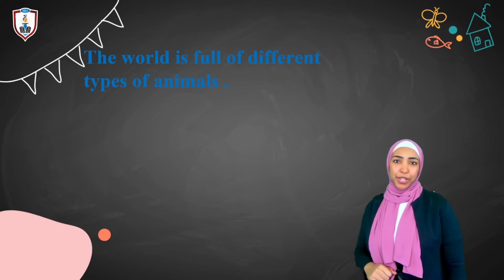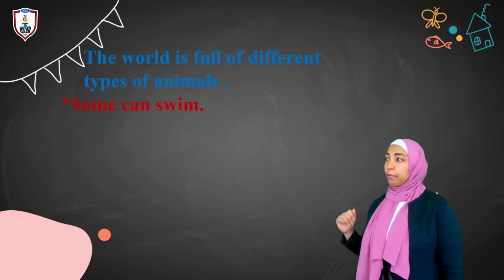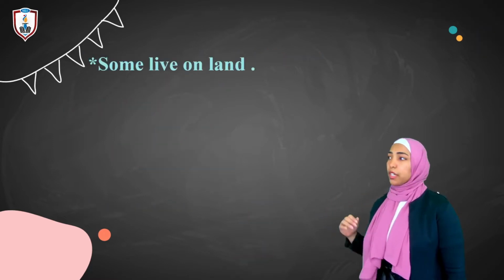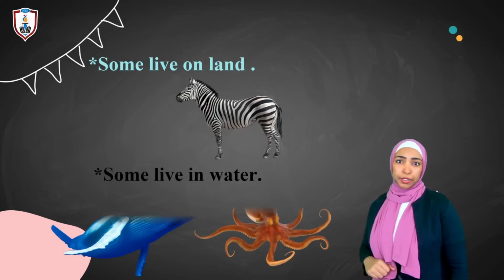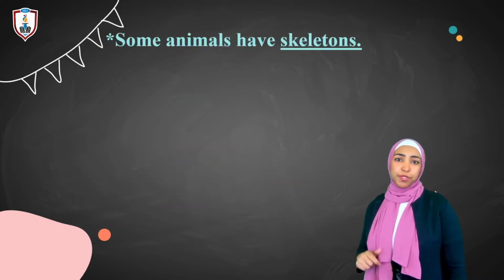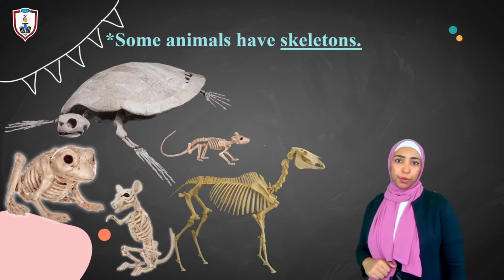Of course, the world around us is full of animals. Some of them can swim, some can fly, some of them live on land, some of them live in water. Some of them do not have skeletons or backbones, and some do have skeletons or backbones.